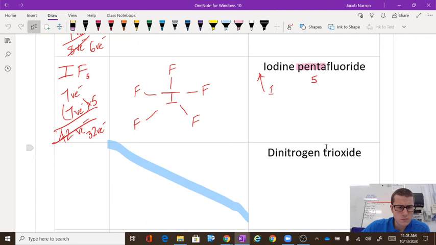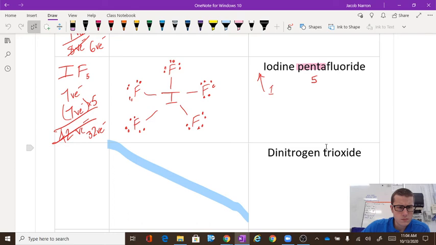Hopefully it turns out well, because I didn't practice this one earlier, and I don't remember. So 32, I'm going to spread it to all those fluorines. 2, 4, 6, 8, 10, 12, 14, 16, 18, 20, 22, 24, 26, 28, and 30.